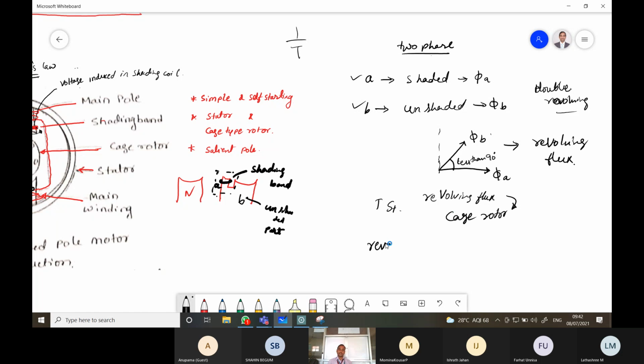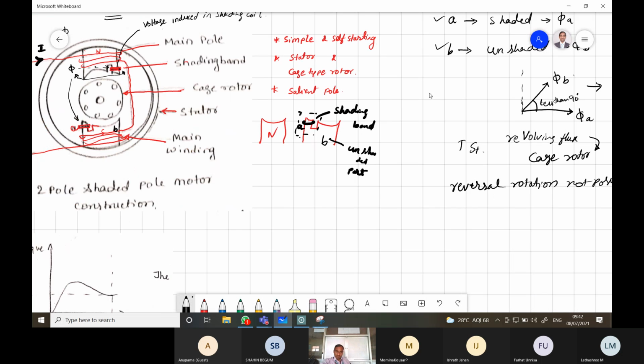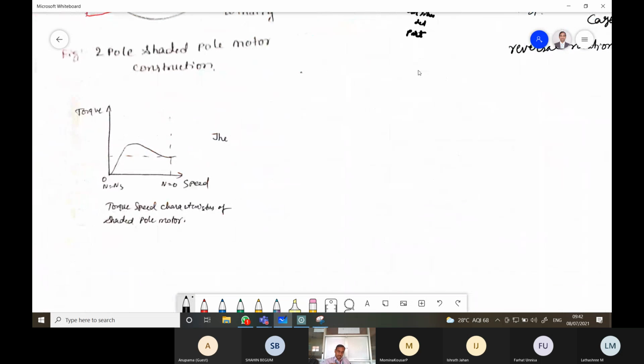Reversal of rotation is not possible. That is the only disadvantage. And some of the applications of this motor, we will see.